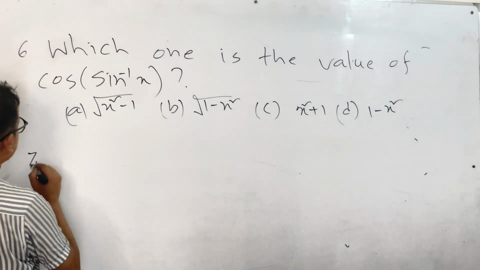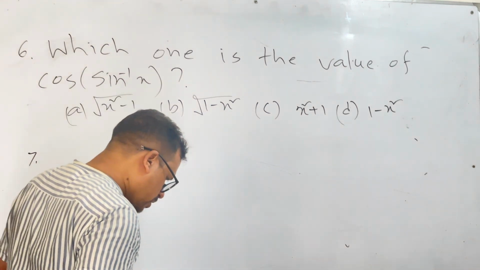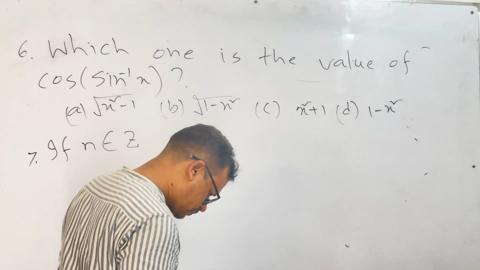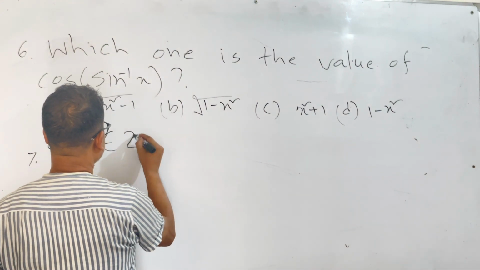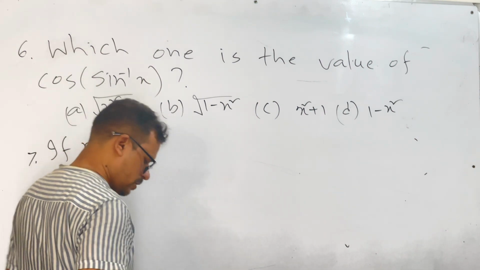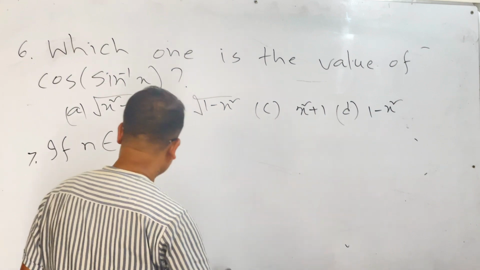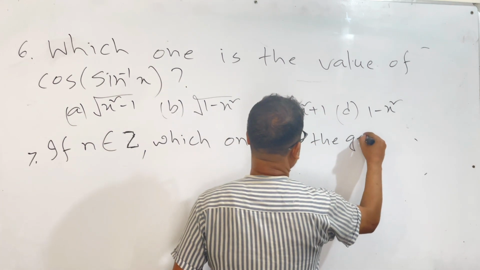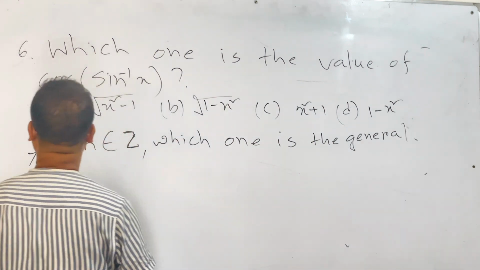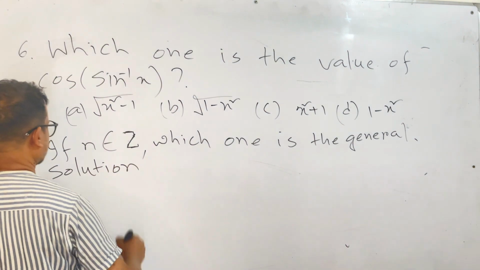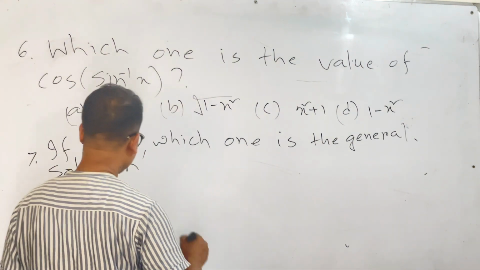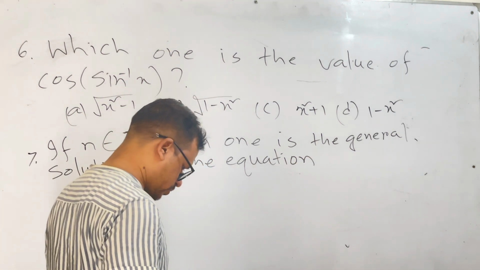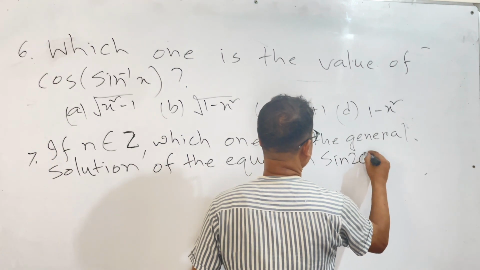Question number 7. If n belongs to Z, which one is the general solution of the equation sin 2 theta equal to 1?